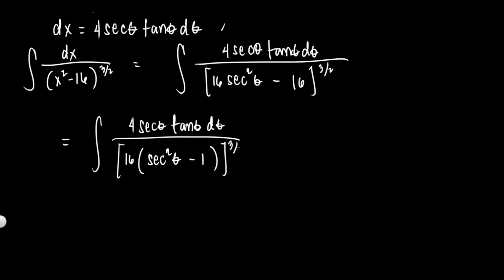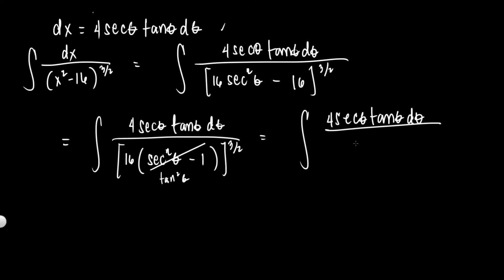Then, raised to 3 halves. Okay? So, what is this one? Yan ay tangent squared theta. So, this is equal to 4 secant theta tangent theta d theta over what is 16 raised to 3 halves. Okay, 64, no? 64.